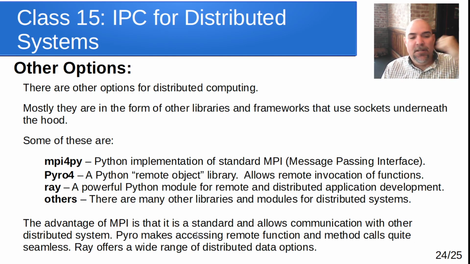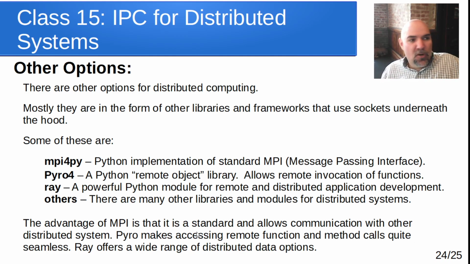Where Pyro and Ray are kind of Python specific, MPI is a standard that allows communication with other distributed systems that are maybe even implemented in other languages. And then Pyro makes accessing remote functions and method calls really seamless. In other words, you can just say, here's this object I want to access the methods of. It's on another server somewhere, and then access them.